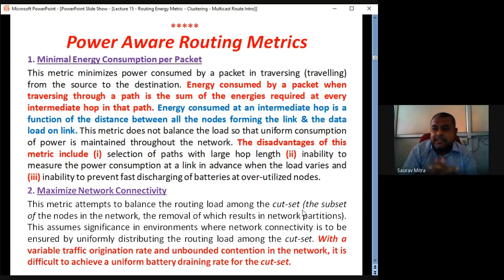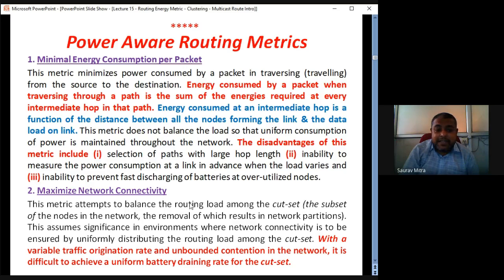So you can have a cut set of the whole node set, 5 or 10 sensor nodes together forming one set. And you have to see that in every such set, subset or cut set, the connectivity is maximized. That means the data transmission and reception connectivity is very high.